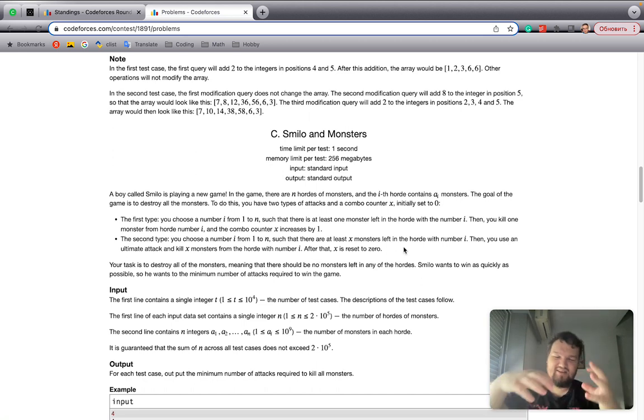And then it shifts from some weird operations to the attacks of the first type just give you 2 damage, and the attacks of second type don't give anything, but you cannot just use attacks of the first type. So you need to minimize the number of attacks of the second type, and then the solution is also nice. Well, yeah, problem C is certainly the best problem in this contest.